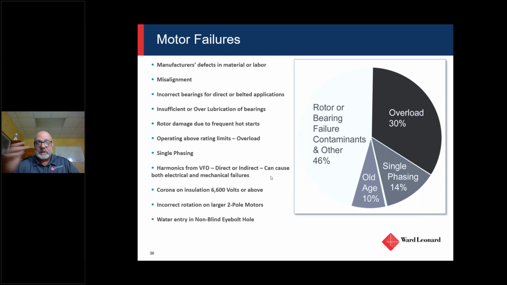We've even recently, if you're running a VFD, depending on the VFD that you have, the configuration, how long the run of cabling is, a lot of factors go into if the harmonics of the VFD are going to cause issues either in your winding, or they can cause fluting in the bearings, right?